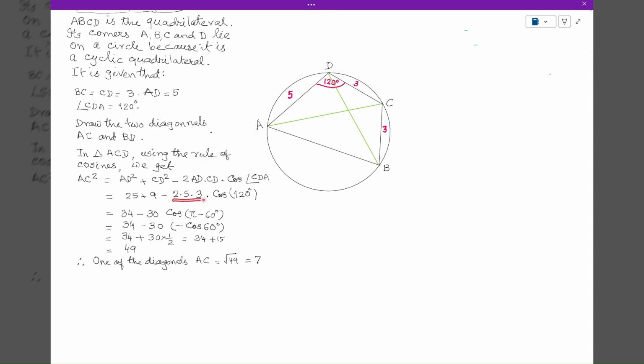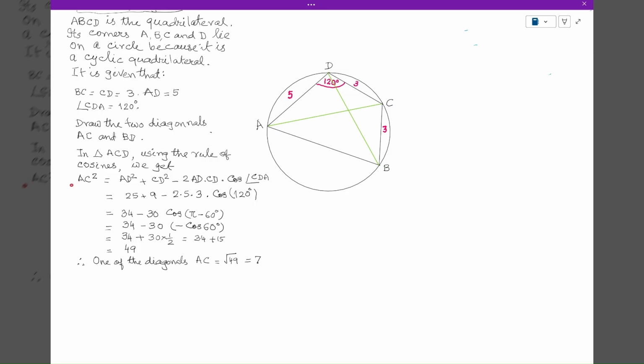These three things together is 30, and 120 degrees is pi minus 60. So the whole thing becomes cosine of pi minus 60 degrees. So that is equal to 34 minus 30 multiplied by minus cos 60, which is equal to 34 plus 30 multiplied by half, because minus cos 60 is minus half, and that is equal to 34 plus 15.